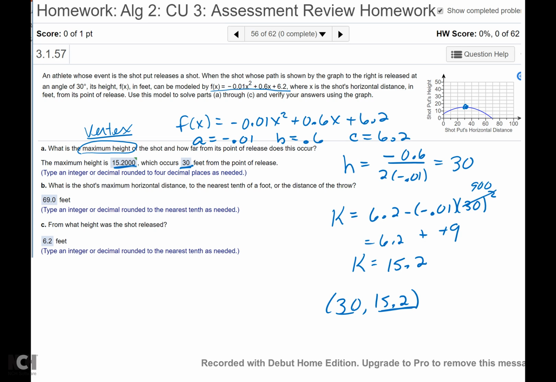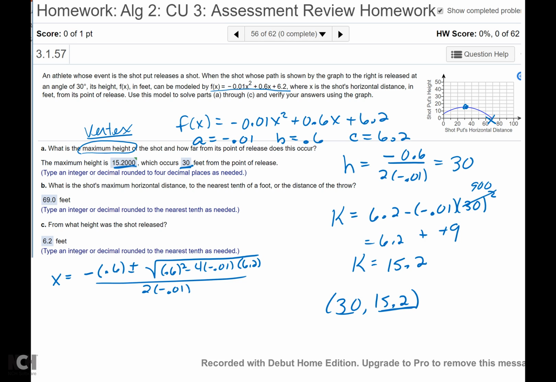It says, what is the shot's maximum horizontal distance to the nearest tenth of a foot, or the distance of the throw? They're asking you for this x-intercept right there, which means you need to solve this. So I would have x equals negative b plus or minus the square root of b squared minus 4 times a times c, all over 2 times a.